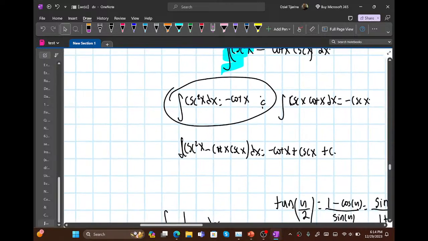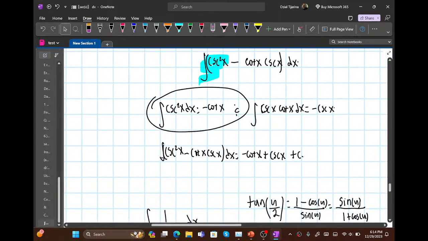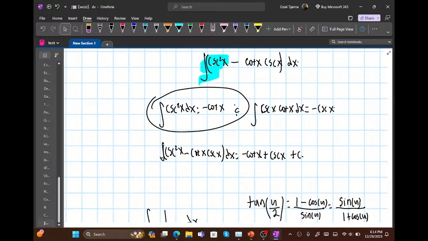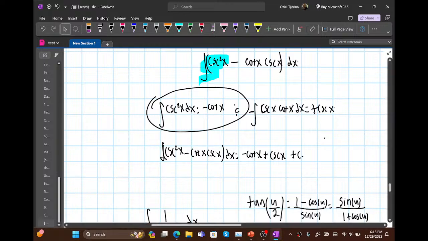But when I did the integral of cosecant squared x minus cotangent x cosecant x, it's gonna be the double negative, so it's gonna be plus. That's what I put, and that's why it was plus cosecant. Because it was negative this integral, which was really the positive integral of cosecant x.